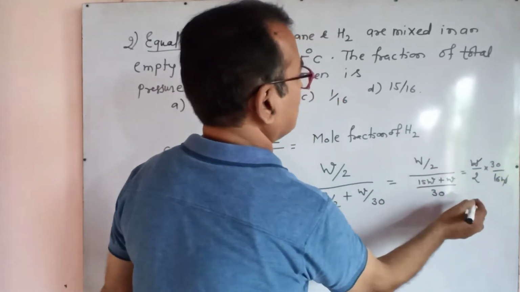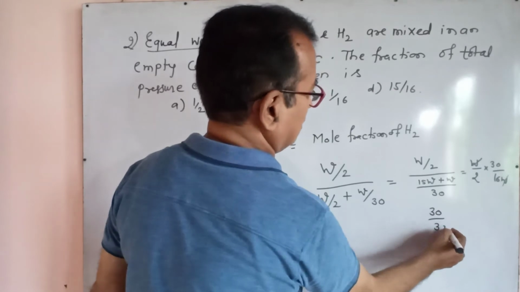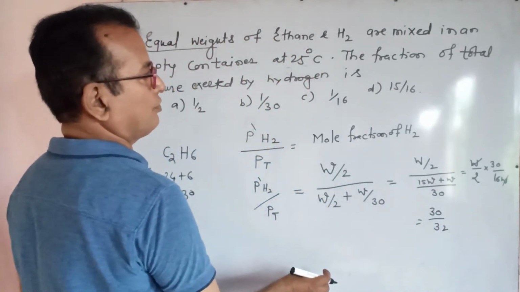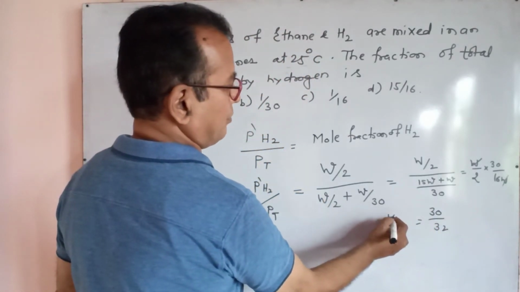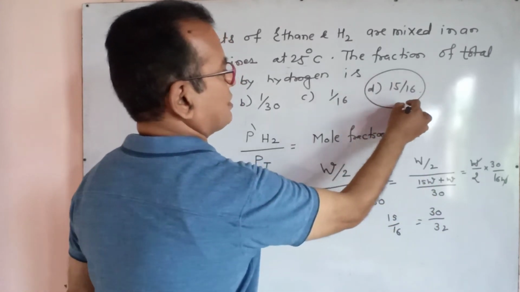W gets cancelled, giving 30 upon 32, which means 15 upon 16. 15 upon 16 is our answer.